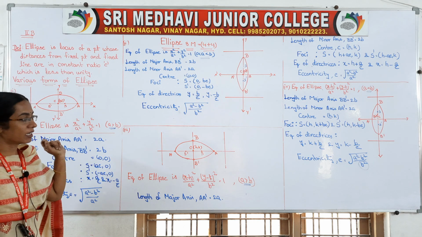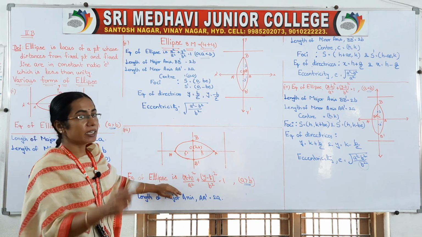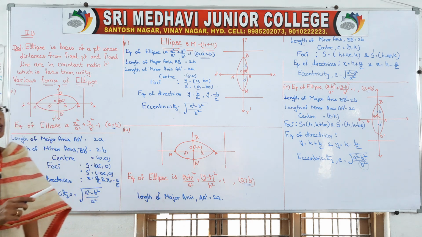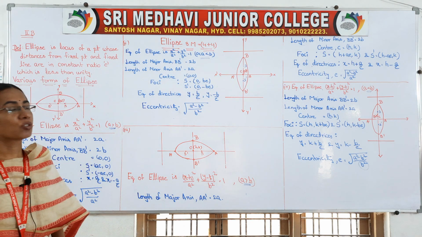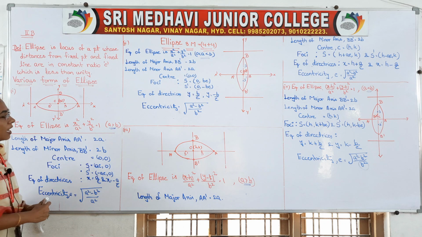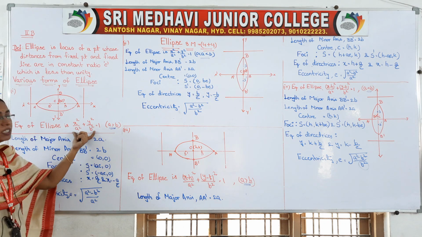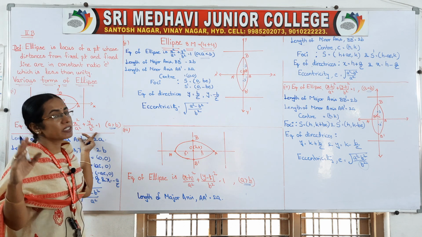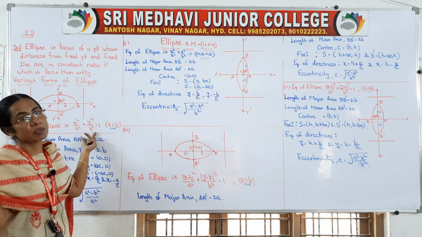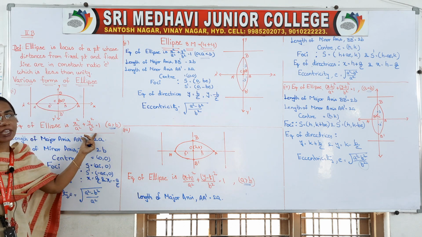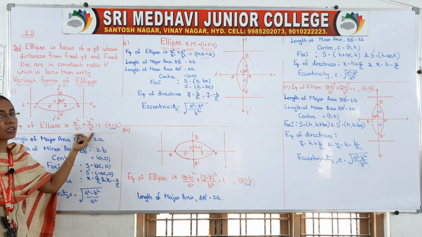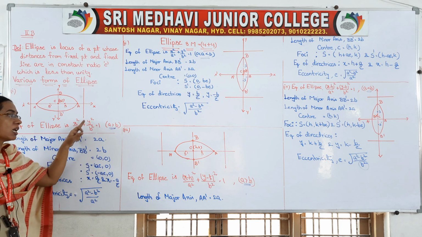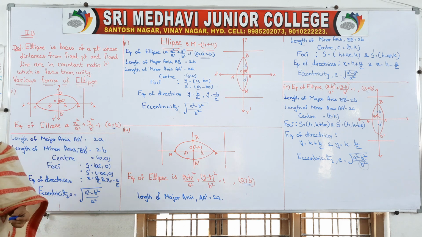When the center is (h, k), again a is greater than b is one case, and a is less than b is another case. The standard equation of the ellipse is like the parabola, where the standard form is y square equals 4ax. Here the standard form of the ellipse is x square by a square plus y square by b square is equal to 1.